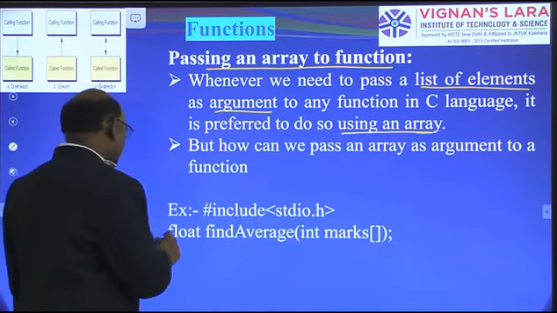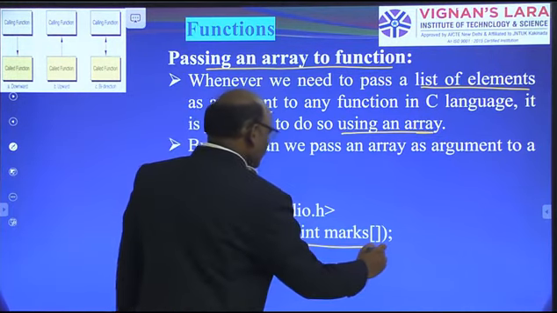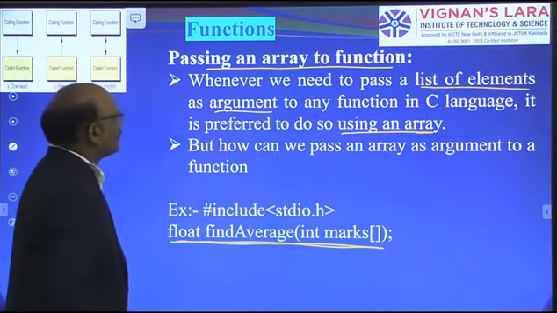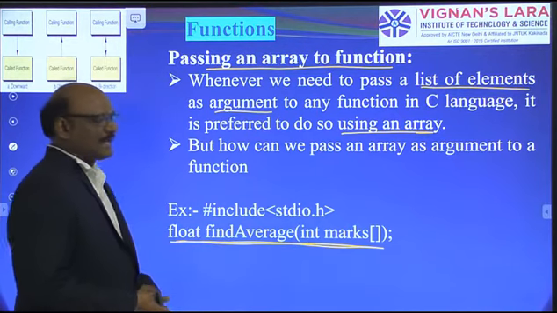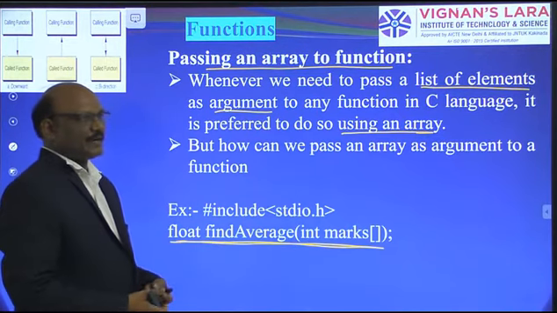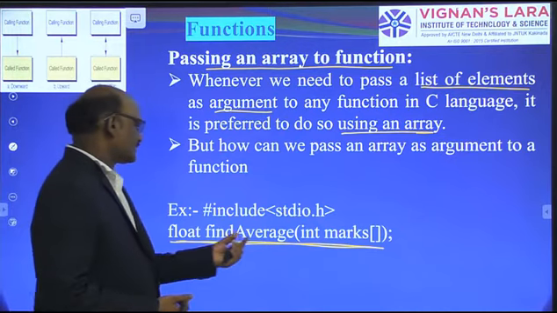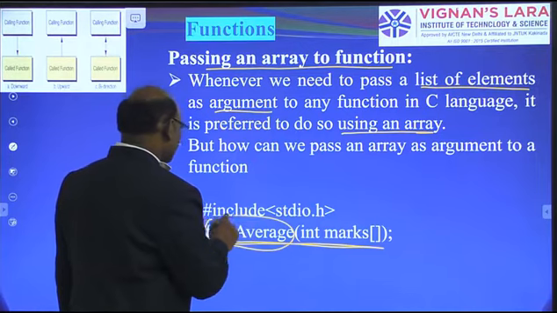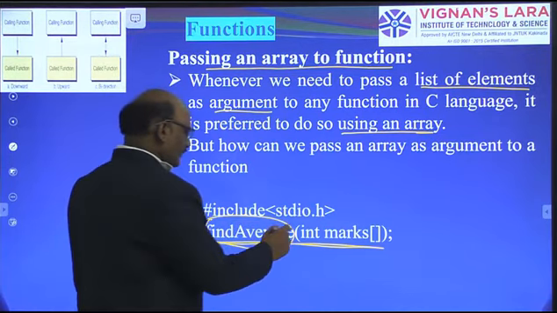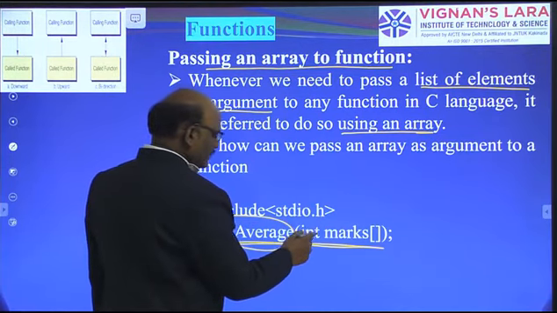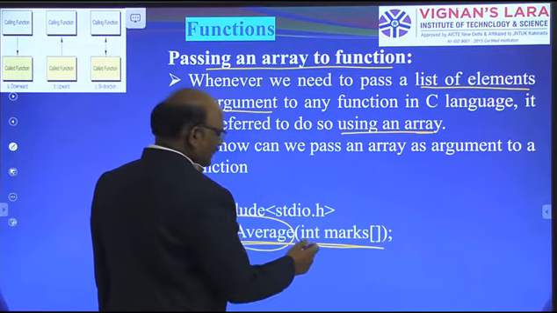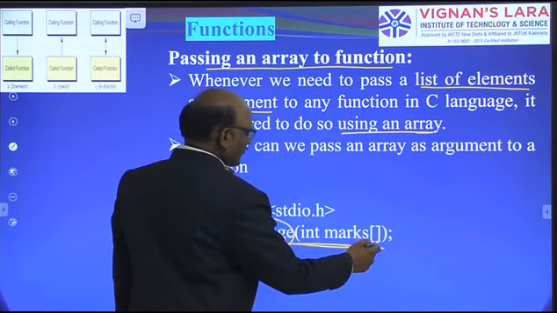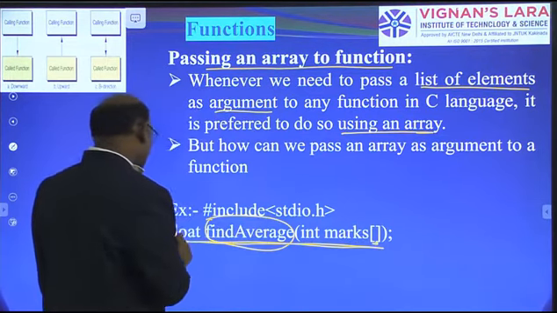This is the way we pass an array to the function. Whenever you want to pass an array as a parameter to the function, you can pass it like this. Here findAverage is the function name, right? For the argument, it is an integer array, int marks[], and the return type is float.